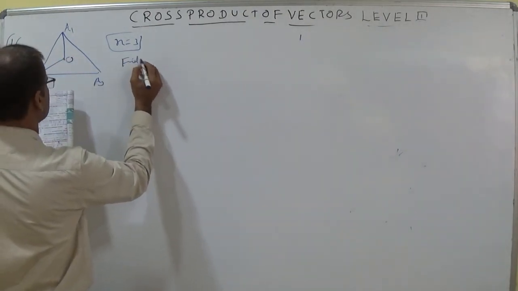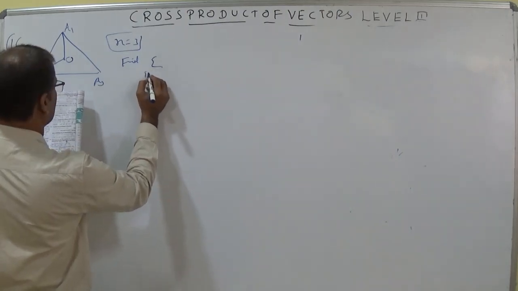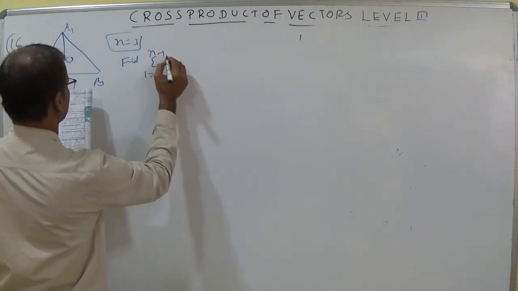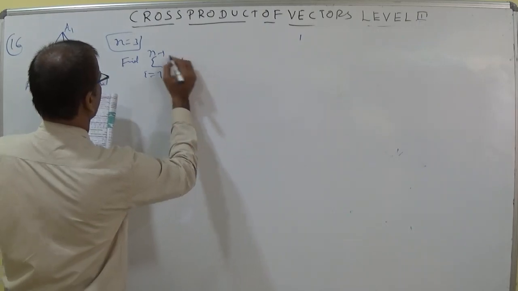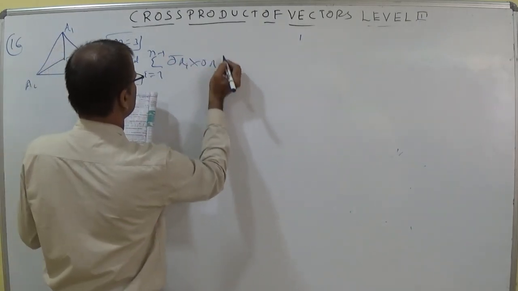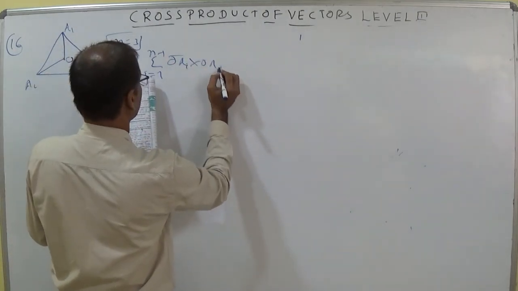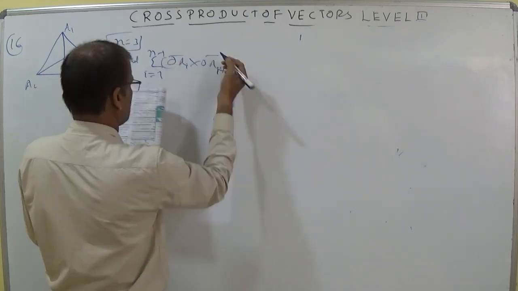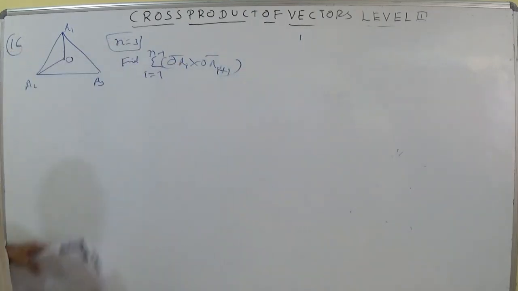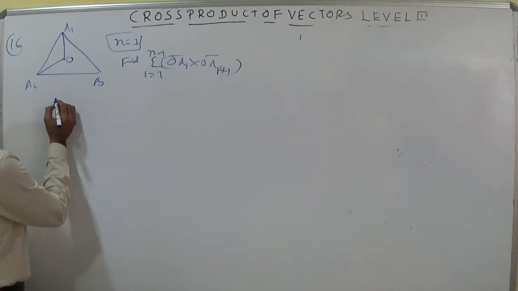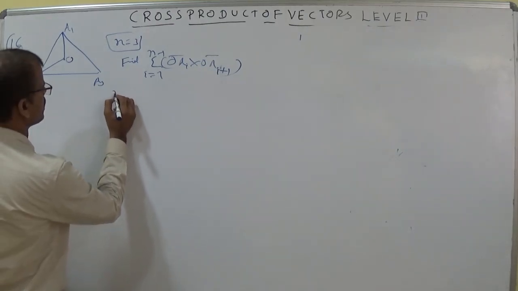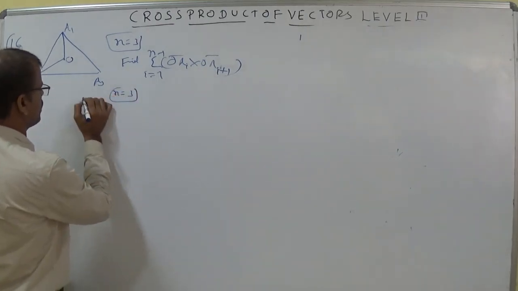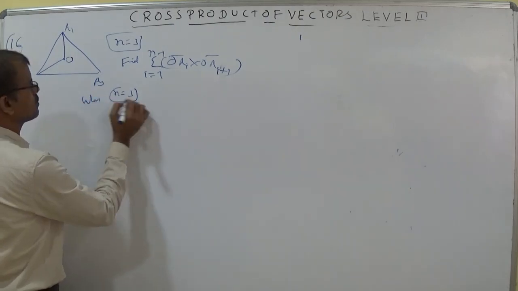He is asking, find the sum over i equal to 1 to n minus 1 of OAi cross OAi plus 1. Let us discuss, find when n is equal to 3.